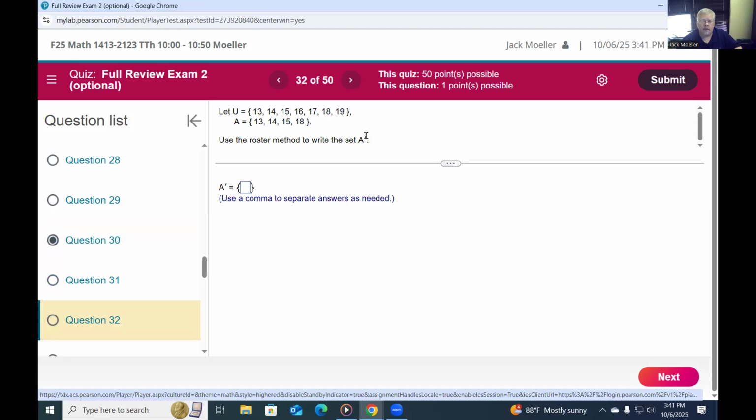That means a complement, or not A. And anytime we do complements, you always go back to the universe and take out everything that's in the original set, and what's left over is your answer. So A complement would be not 13, not 14, not 15, not 18. So A complement would be 16, 17, and 19. So complements, or A nots, always go back to the universe. It's what's left over after you take that set out.